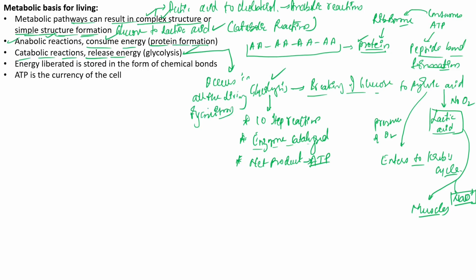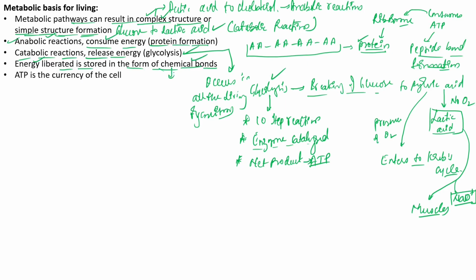All of them show glycolysis. And ultimately, the energy that is liberated from the catabolic reactions is trapped in chemical bonds. That is what we are seeing over here. All of this energy that is liberated is actually stored in the form of chemical bonds.